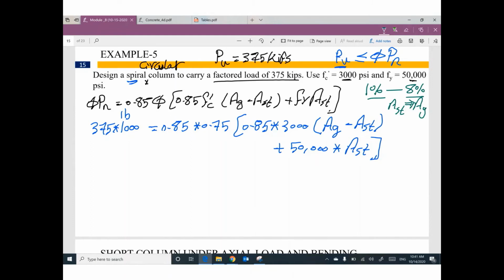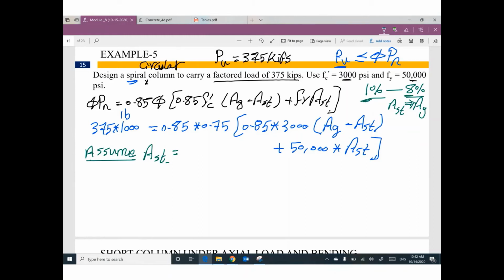I'm going to assume, and it's up to you. You are the designer. I'm going to assume area steel equal 1%, 3%, 1.5%, 2.5%. You can assume what you want, but in this range.